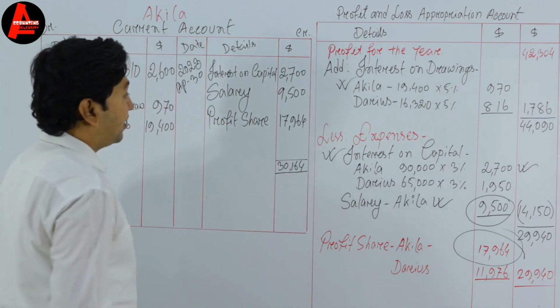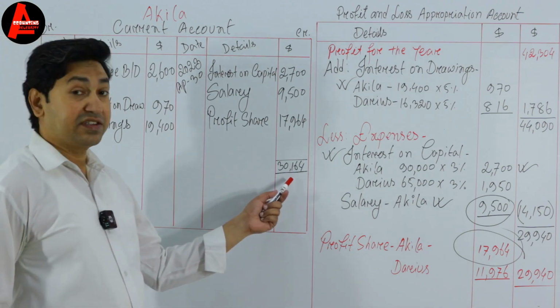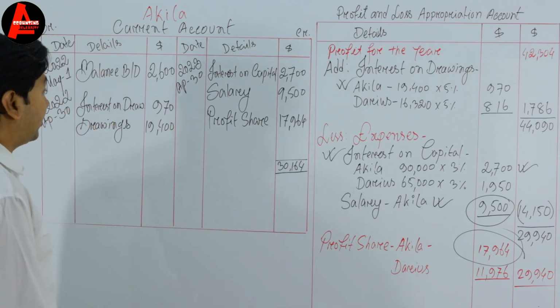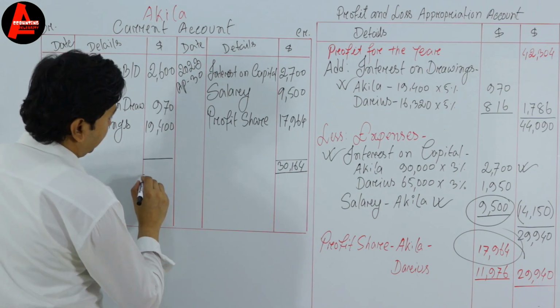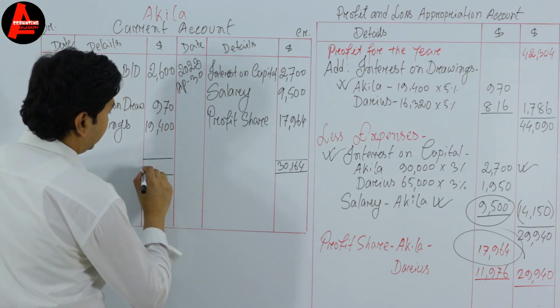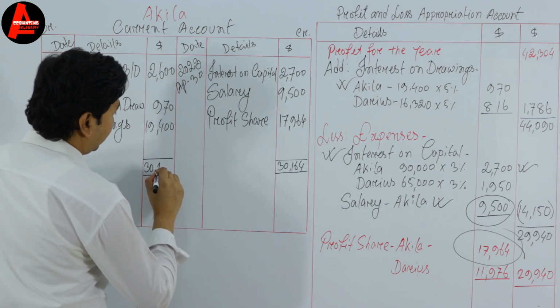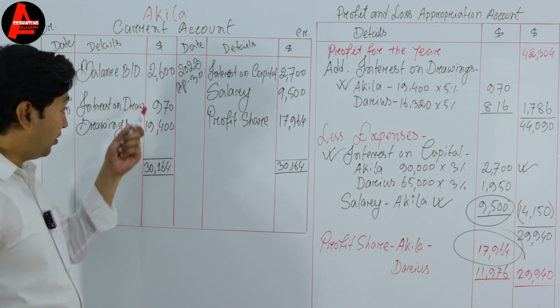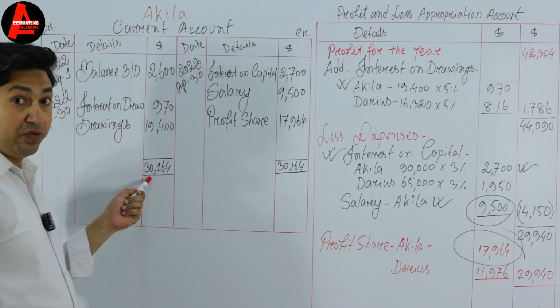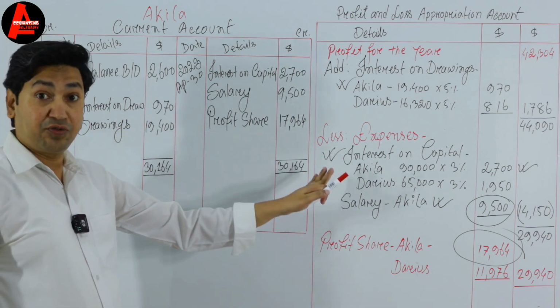This is the addition here. Okay, so we will take this amount, the addition, to the debit side, meaning the opposite side. So here we will transfer this amount, 30,164. If this column is greater, then we sum up here first. Then we will take this amount to the other side.